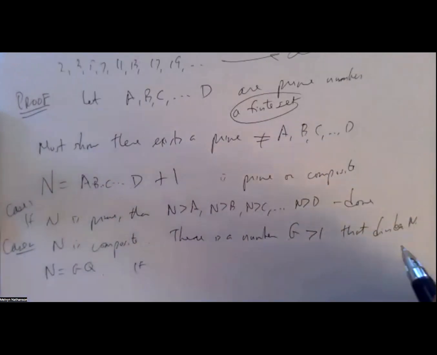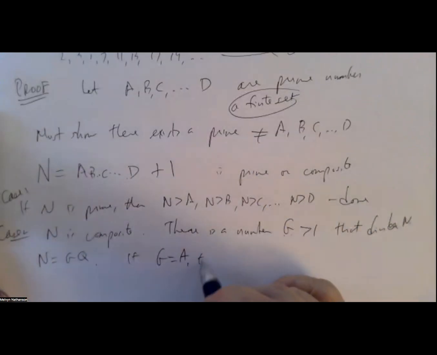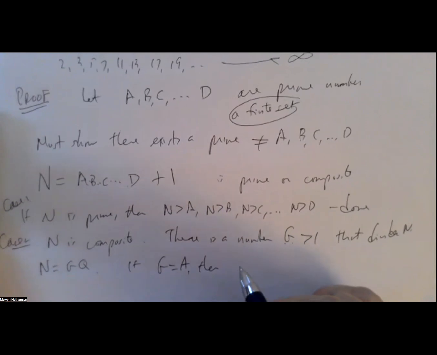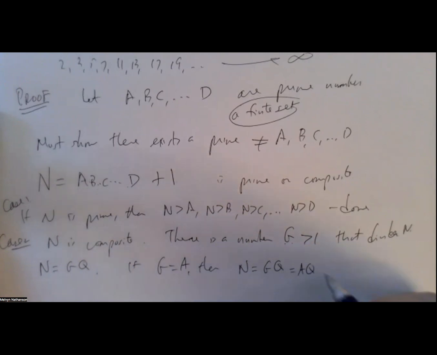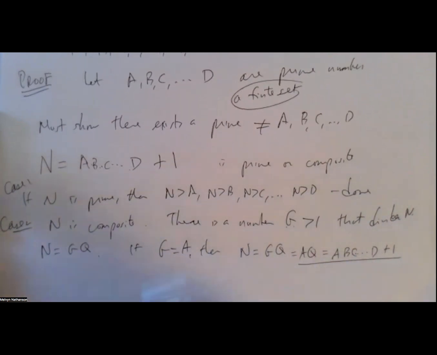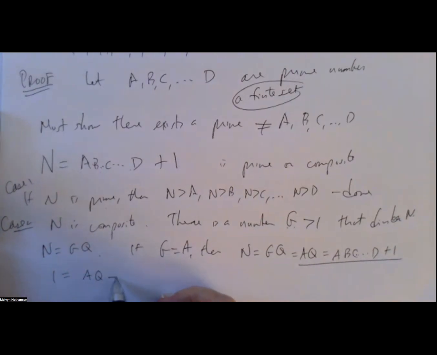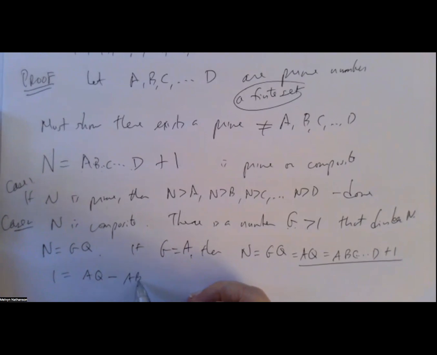Now, if this number G were equal to A, then what could we say? We would have n, which is GQ, but if G is equal to A, that's AQ. And n itself was this product A, B, C up to D plus 1. If I just rearrange this, it means 1 is AQ minus this product.